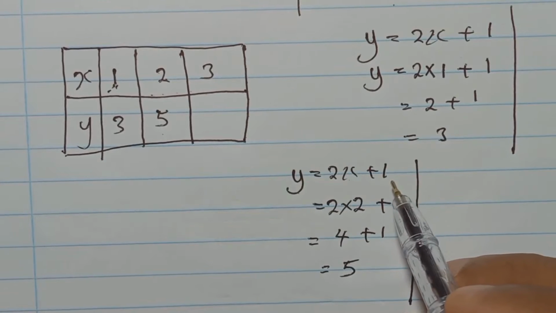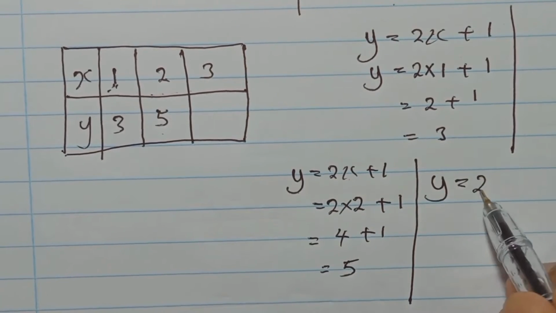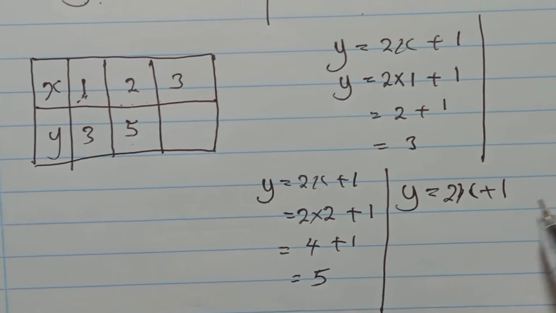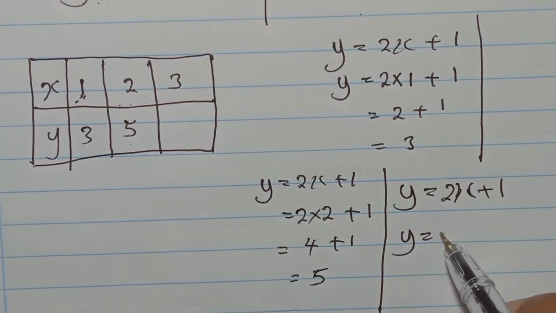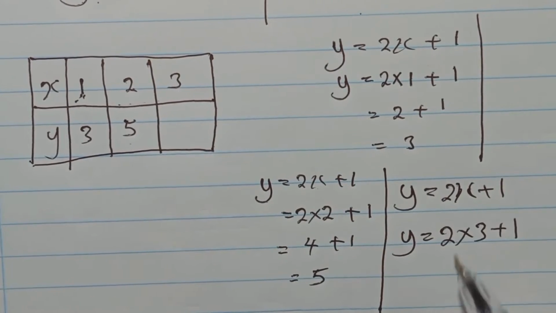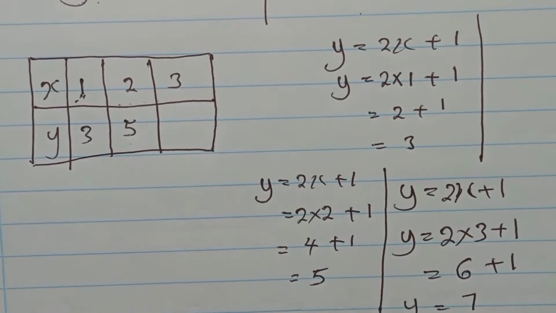I write the equation again, y equals 2x plus 1. Replace x with 3: 2 into 3 is 6, 6 plus 1 is 7. So y is 7.